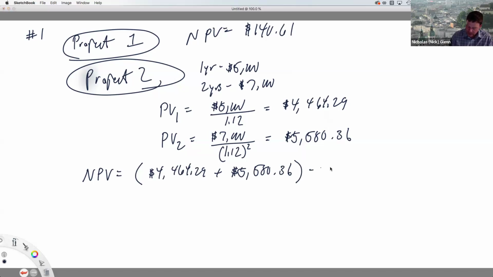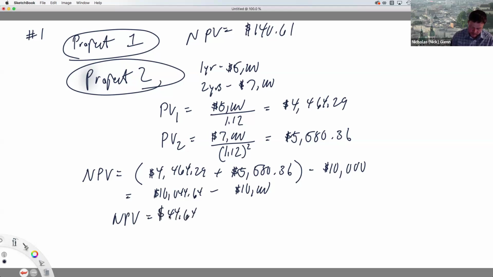And we want to subtract out this $10,000 that they initially had to borrow to make this investment. When we add this part up, it's 10,044.64 minus 10,000. So the net present value for project two is going to be $44.64.